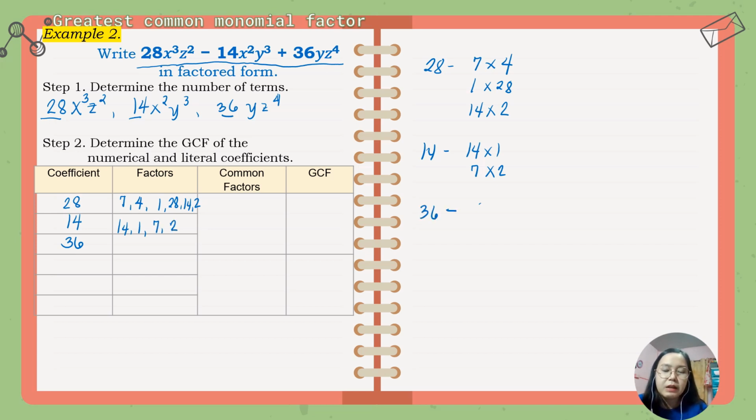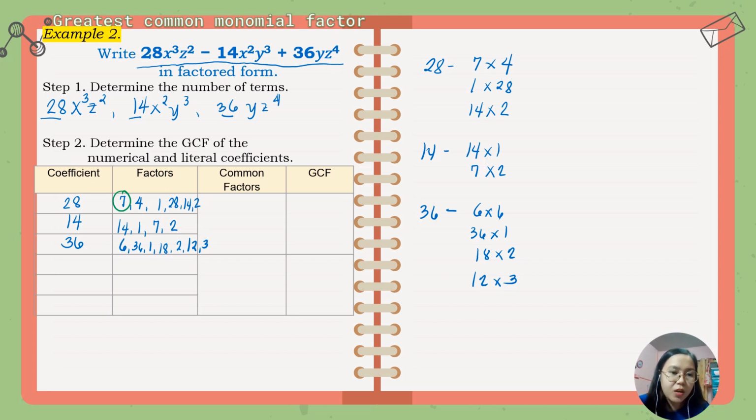36. 6 times 6, 36 times 1, 18 times 2, 12 times 3. So, 6, 36, 1, 18, 2, 12, tsaka 3. Yan. We need to find the common factors. Pareha silang may 7?